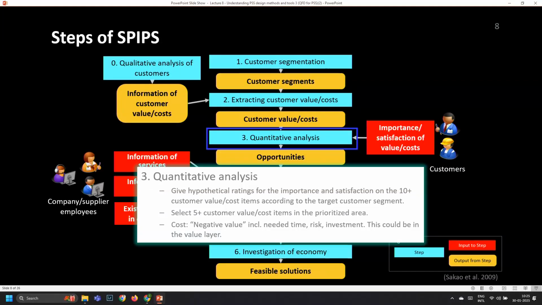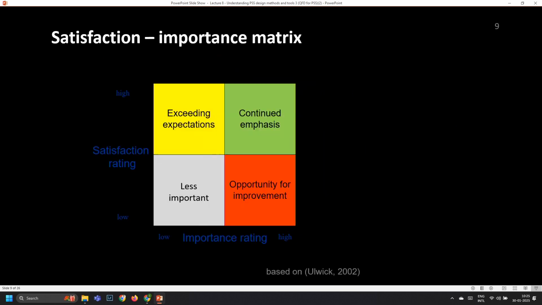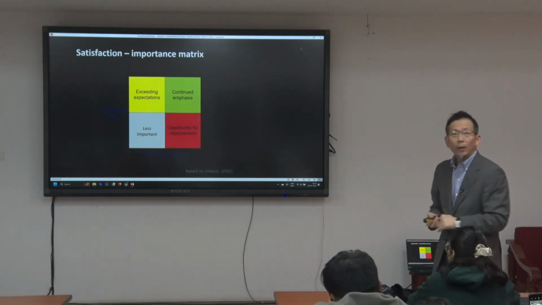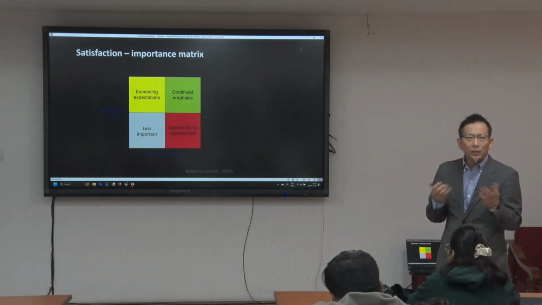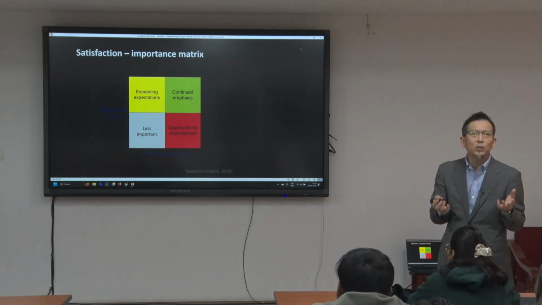And here, one step that you can add is a quantitative analysis of the set of customer values. That can be done using this 2x2 matrix. This is quite popular in industry because in industry the resource is always limited.